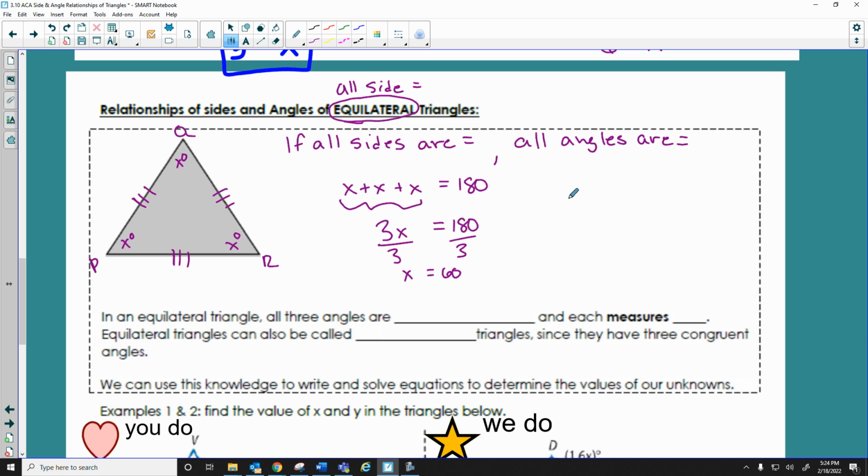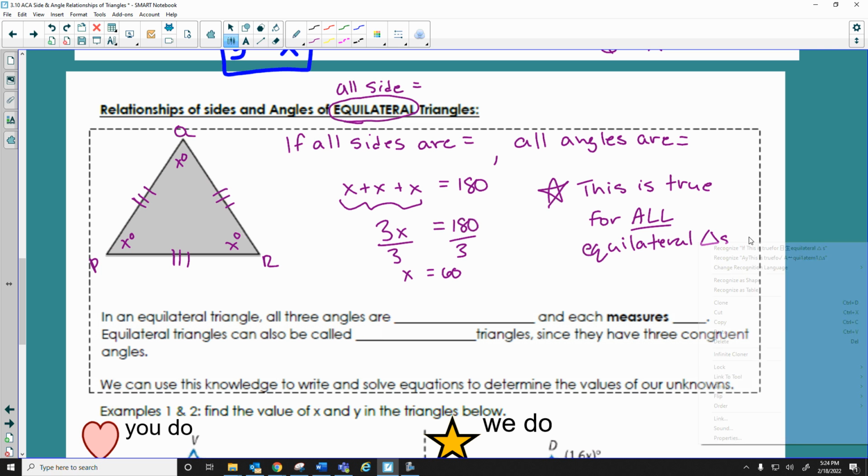Okay, so this is true for all equilateral triangles, every single one. In an equilateral triangle, all 3 angles are equal.